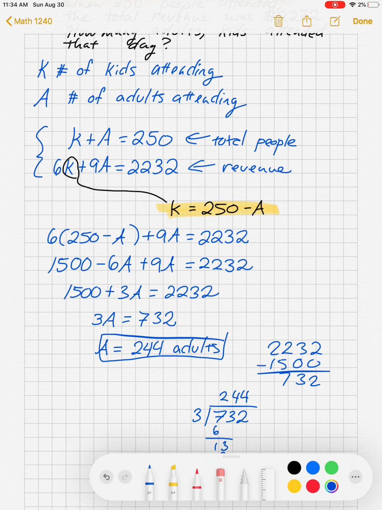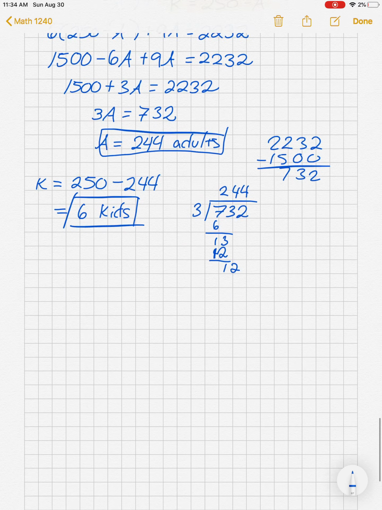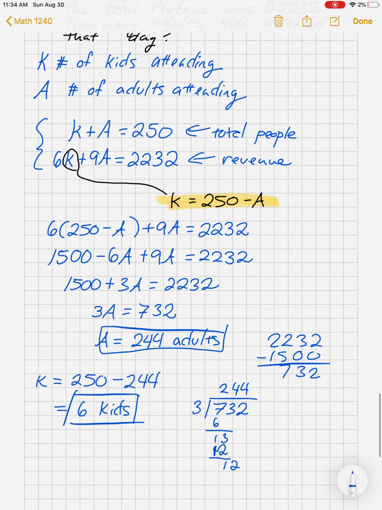How many kids then? Oh, not very many. This must be a scary movie. 6 kids. And that's it.